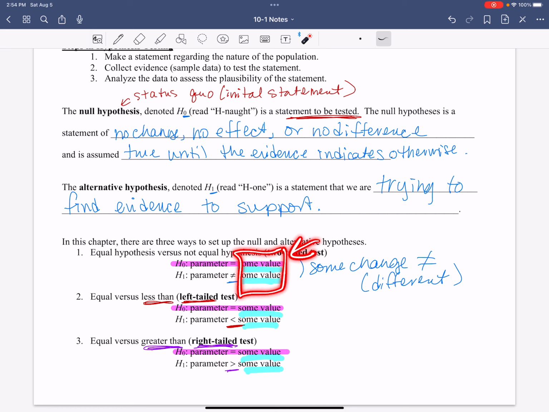Whatever value you start with, you're comparing to that same value. The only difference between the alternative and the null hypothesis is that comparison. All right? So that's setting the stage. This is setting up how we're going to work our hypothesis testing. So it's important to get this understanding of where we're pulling this off.